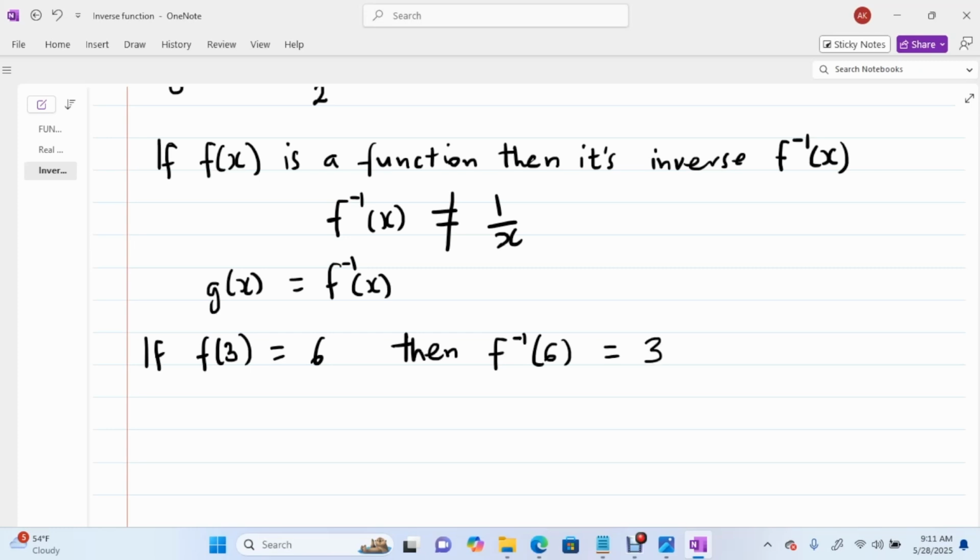And in the same way, if f of 5 is equal to 10, then f inverse of 10 is going to give us a 5.